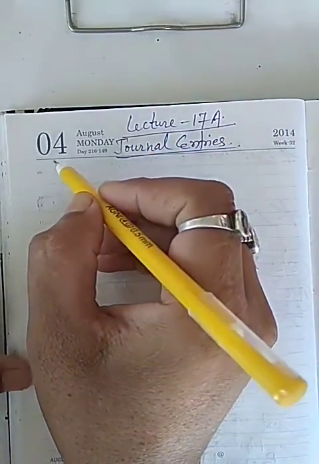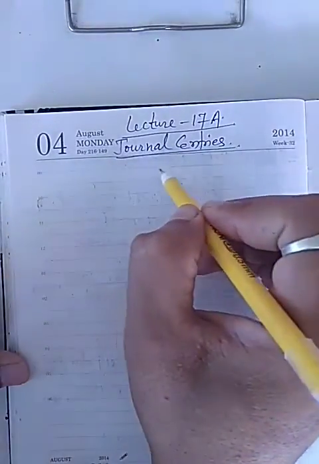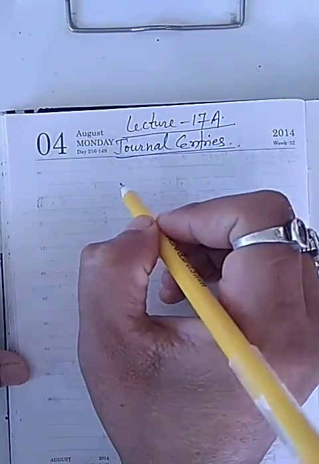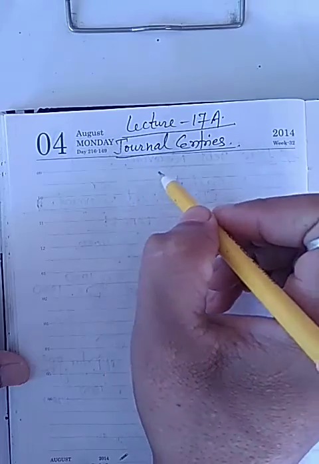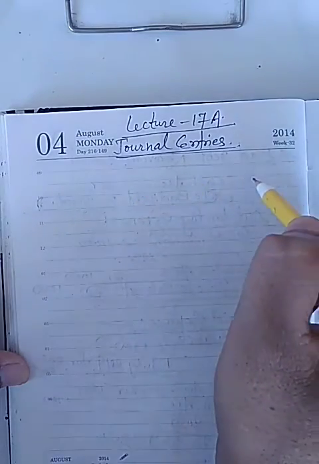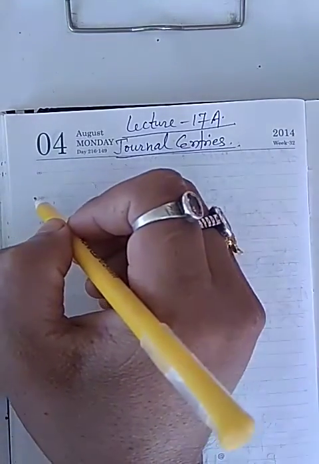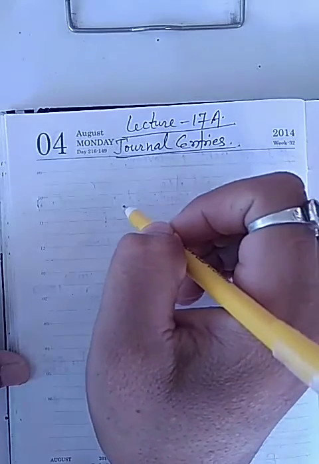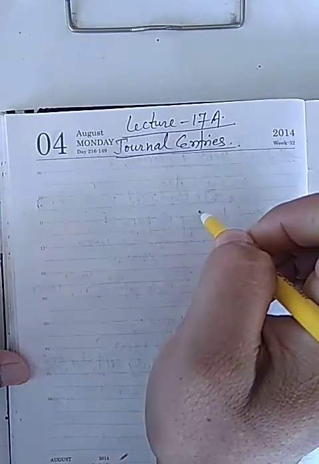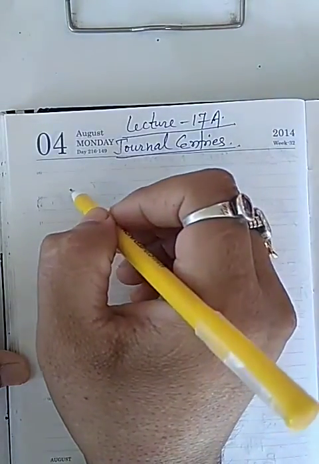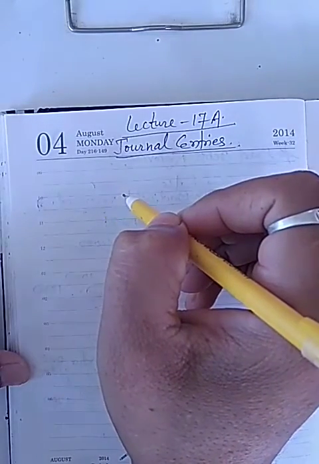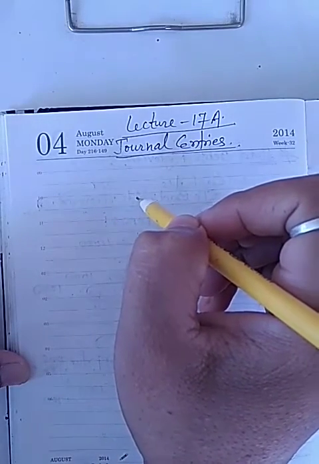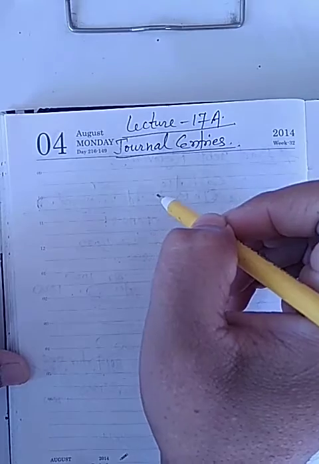In my previous video, I have explained the journal entry related to outstanding expenses, prepaid expenses, opening entry and compound entry, bad debt recovered, etc.